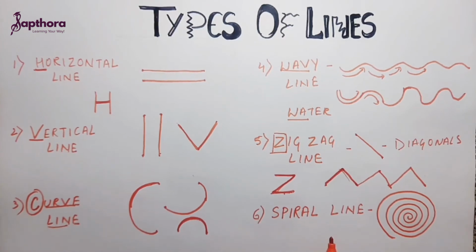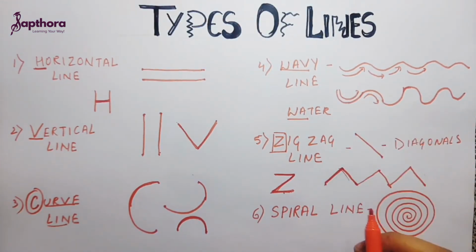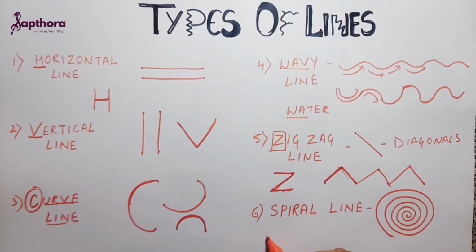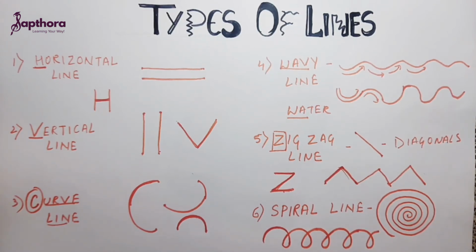We have one more type of spiral line, that is the continuation of the wavy lines, but with a little modification. It goes from down to up, it's a curved line, then again goes inside, comes out, comes down, goes inside, comes out. So this is a spiral line.